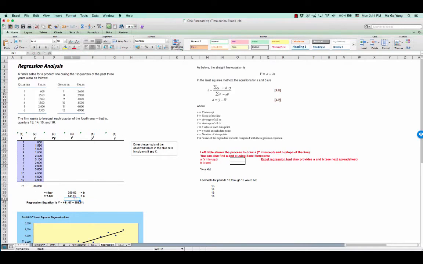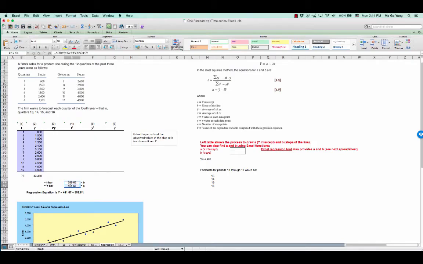This gives 441.67. Using these two, we can form a regression equation.